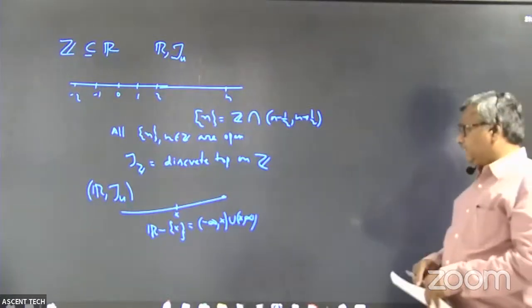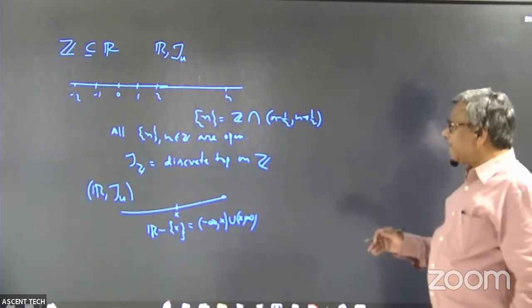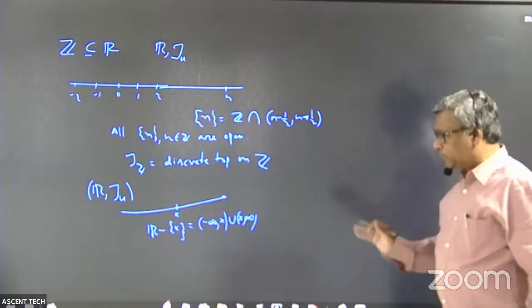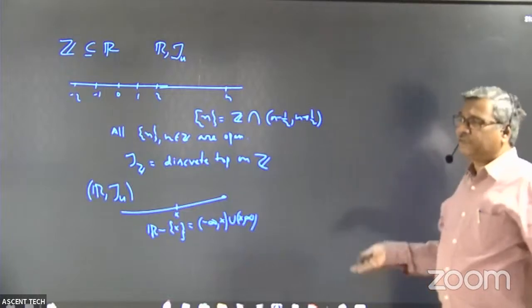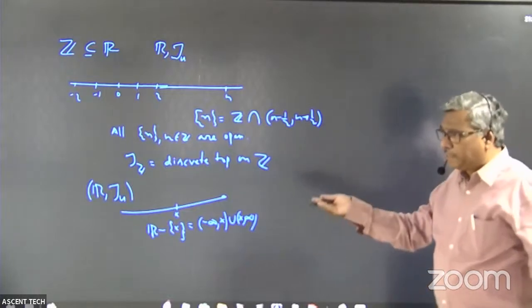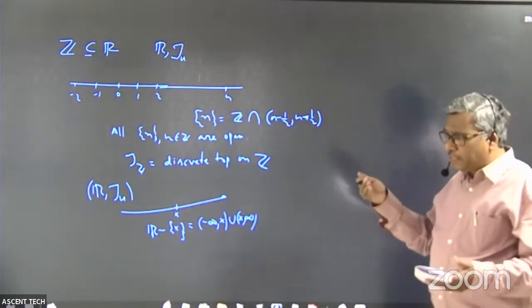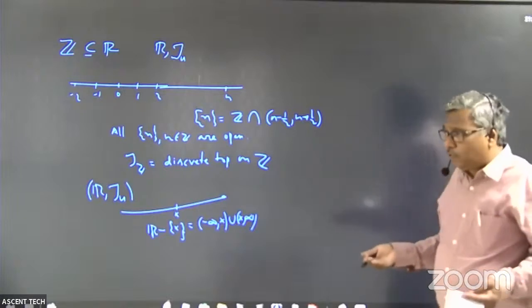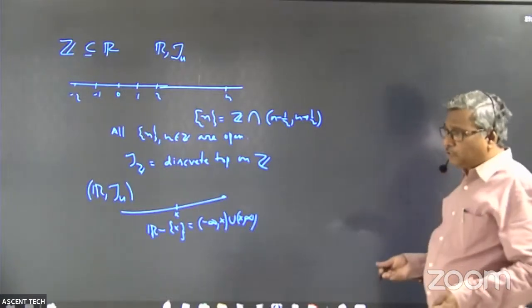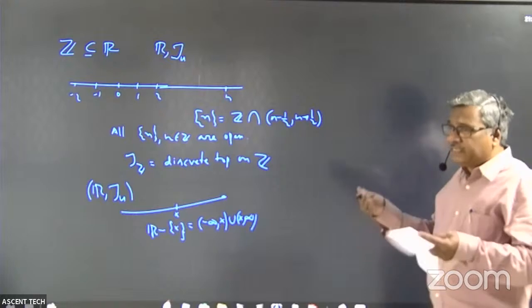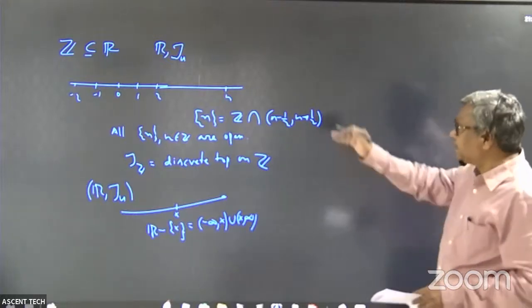Anyway, we are not interested in talking about all these things. I need to understand a subspace topology because most of the time we look at subsets of the complex plane and our function is defined on those subsets, and therefore naturally it's only on the subset I have to do the business. So I have to look at the topology that is there on the subset. In that sense, I need this one.